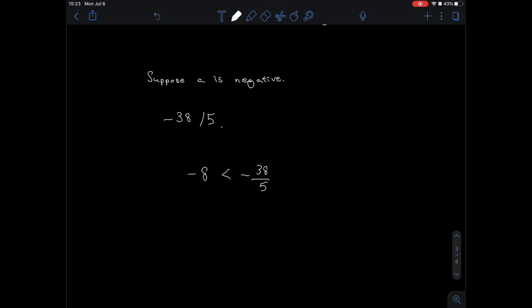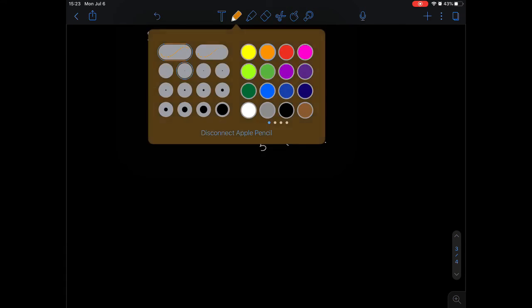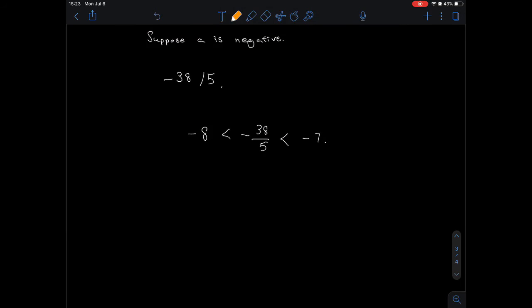Negative 8 is smaller than negative 38 over 5, which is smaller than negative 7. Once again, the quotient is the integer on the left, namely negative 8. The remainder is then the difference between negative 8 times 5, which is equal to negative 40, and negative 38, namely 2.